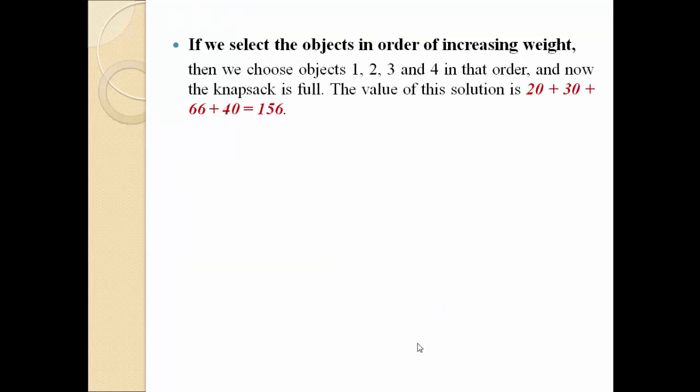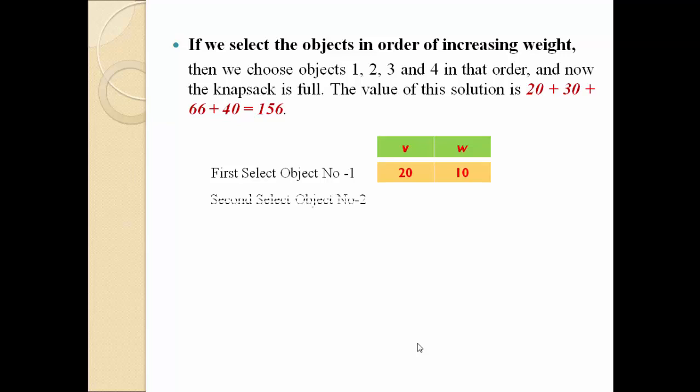Now another option, that is if we select the objects in order of increasing weight, it means that we have to select the object first which has a minimum weight. So select object number 1 because it has a weight 10 and the value 20. Then select object number 2 which has a weight 20 and value 30.